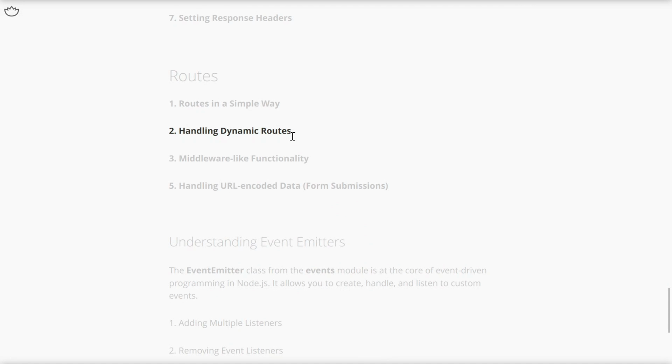Now we will see how to handle dynamic routes. So let's understand what dynamic routes are first. If you ever visit an e-commerce website, then you will see a URL like website.com/products/item1.